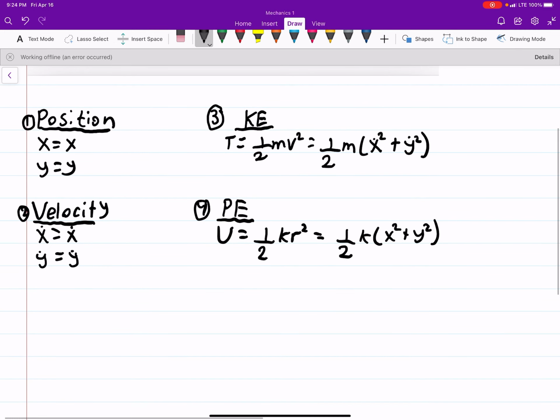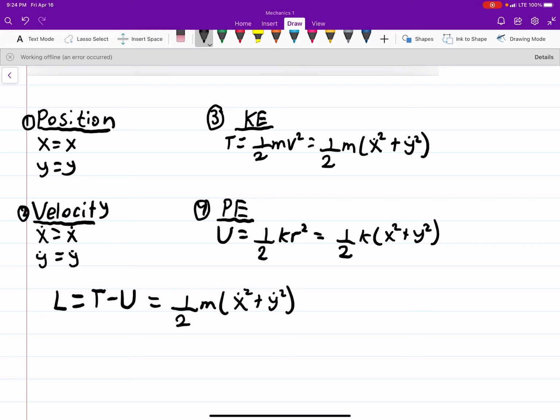And then after you do these 4 steps, you can write down the Lagrangian, which is part of the problem. The Lagrangian is just kinetic minus potential. So I'm just going to plug in what we found earlier. So this is step 5.